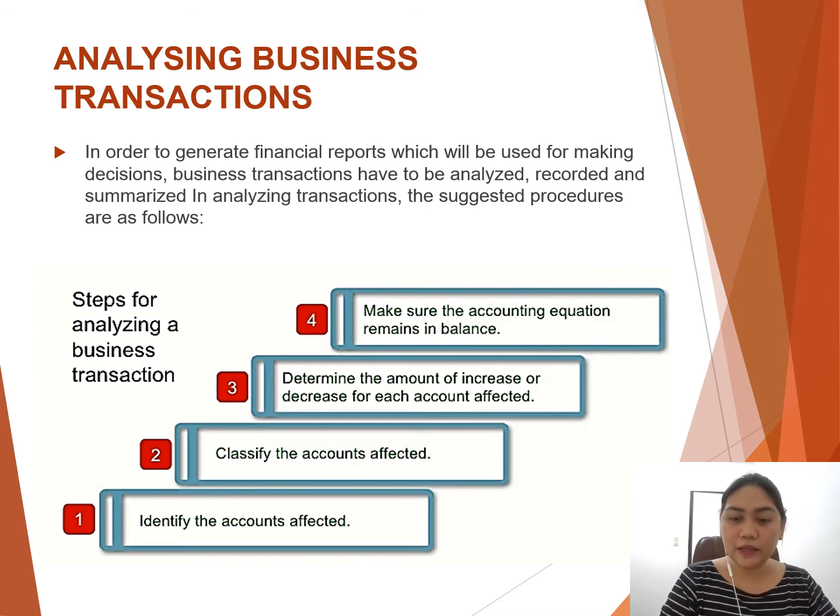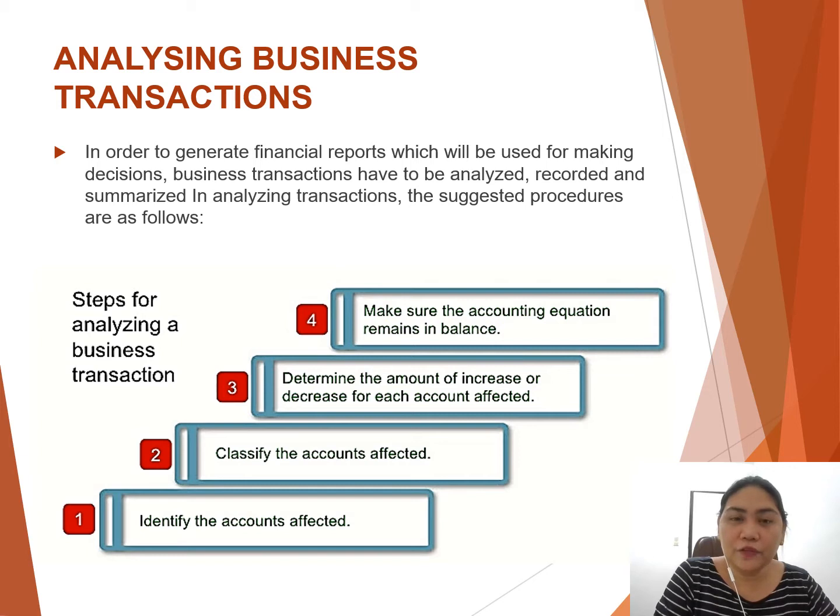Pag sinabi nating elements, they are the assets, liabilities, owner's equity, revenue, and expenses. So, 5 lang yan. Okay? So, those are the elements. Now, for example, there is a transaction, i-analyze muna natin, ano ba dun sa mga elements na yun ang naapektuhan?